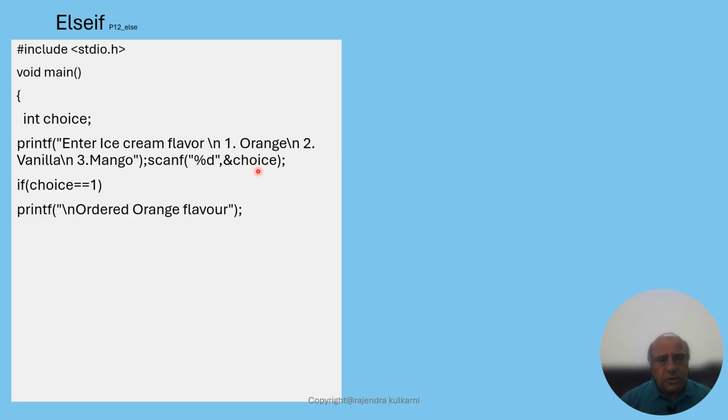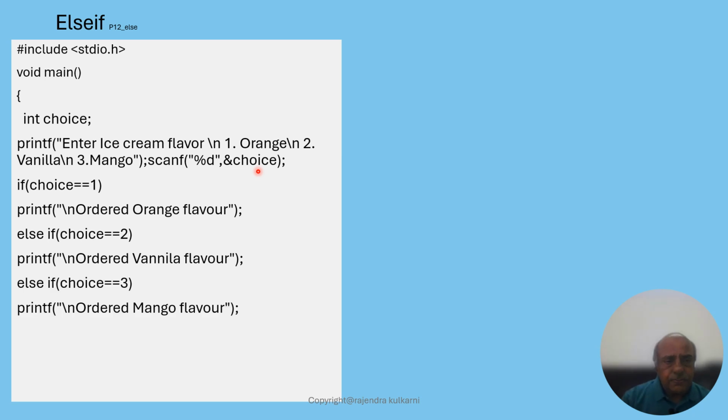If choice is equal to 1, order orange flavor. Else if choice is equal to 2, order vanilla flavor, else if choice is equal to 3, order mango flavor, else printf invalid input. This is a small program.